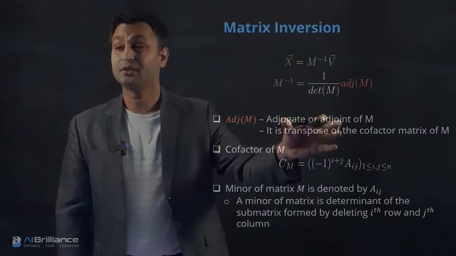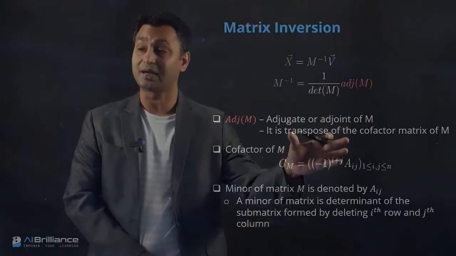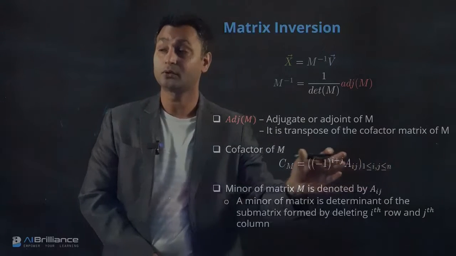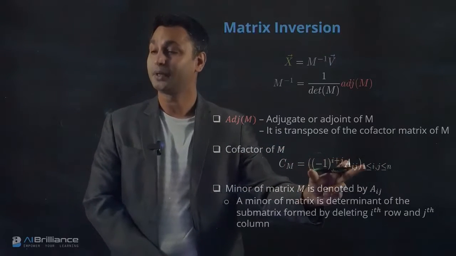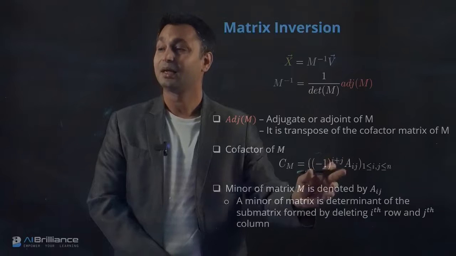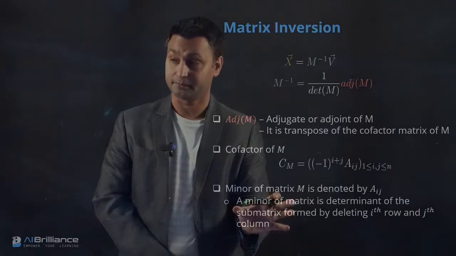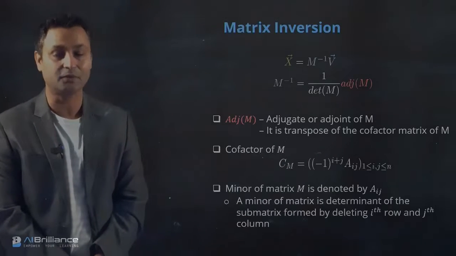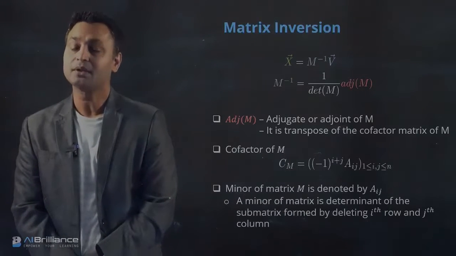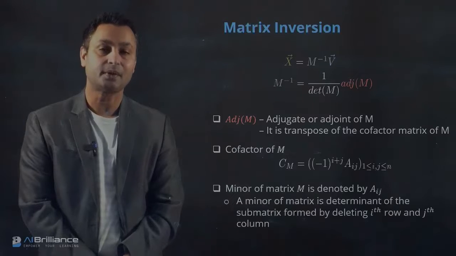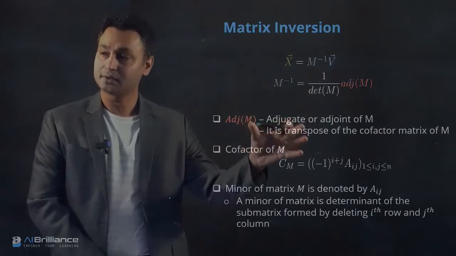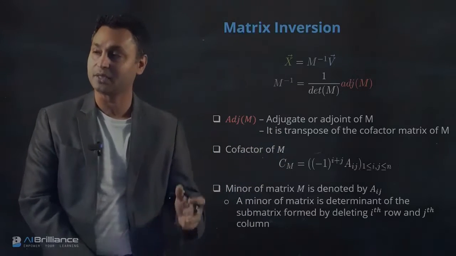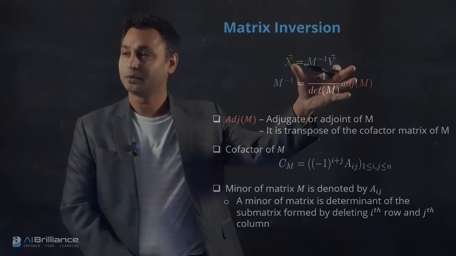Now, what is the adjugate of a given matrix? It's essentially the transpose of the cofactor matrix of M. What is the cofactor matrix of M? It is given by this equation, where the Aij's are essentially the minors of the matrix M. I know that this seems like a lot, and there are a lot of components to it, but let's go through a simple example problem where we discuss each of these elements separately, and then we will also take a system of equations and try to solve it using M inverse.